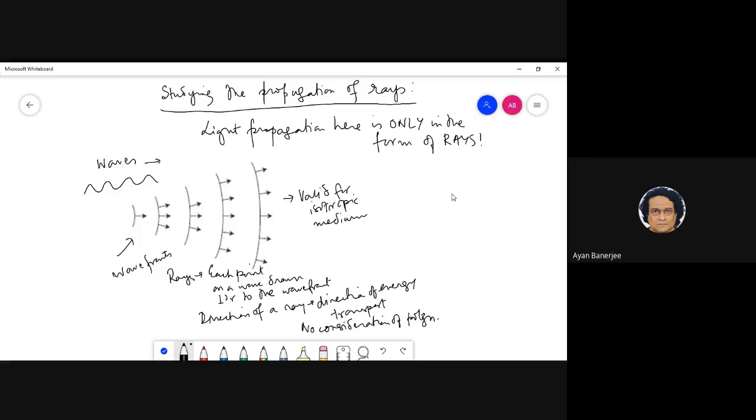Whether this treatment is valid for any complex refractive index medium may be an issue. But if it's an isotropic medium, typically this is very crucial.